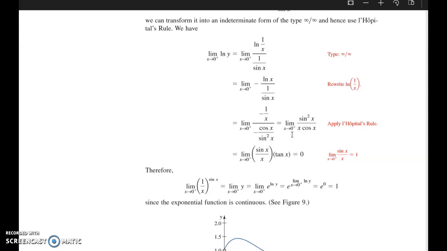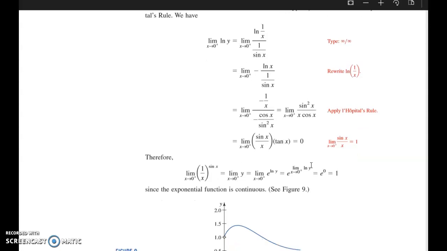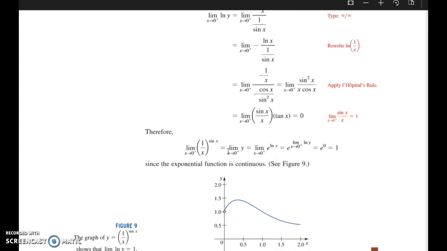So this is limit x tending to 0 plus of sin square x divided by x cos x, which is equal to sin x by x into tan x. This limit we know is always 1. So 1 into 0 is equal to 0. So the answer is 0, that is limit of log y equal to 0. So the limit of y is equal to e raised to 0, which is equal to 1.